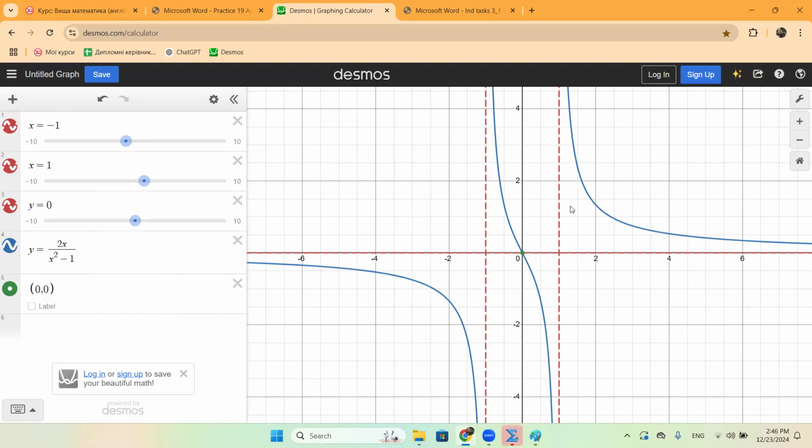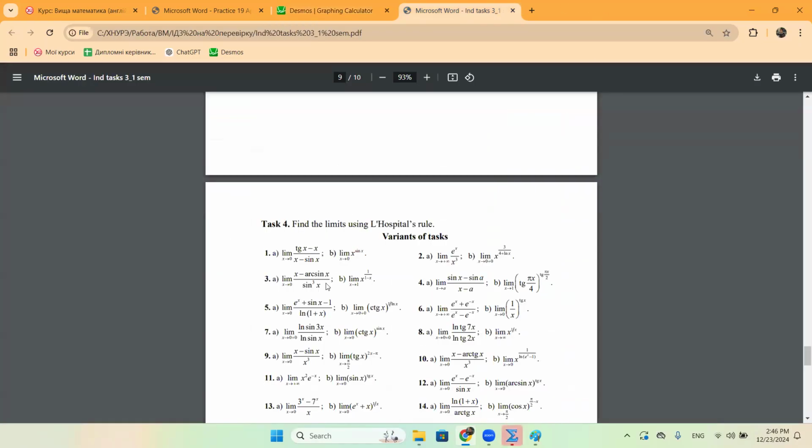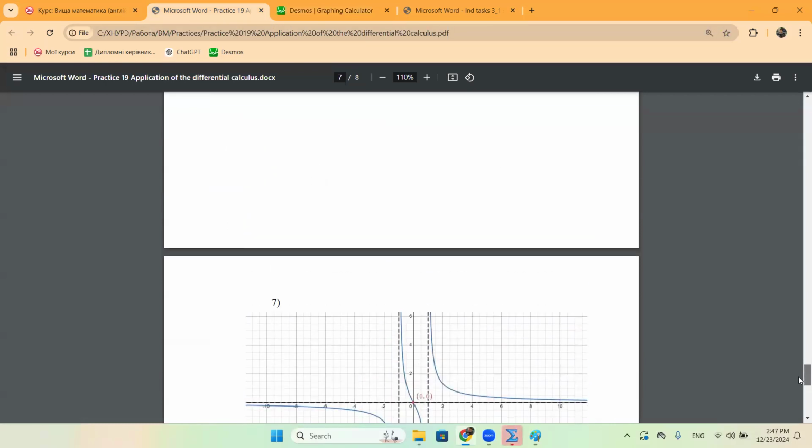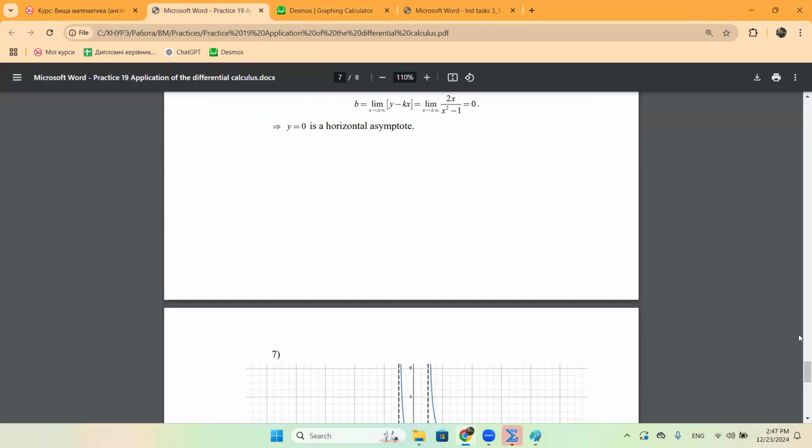Can you publish the file of this practical lesson? Publish the video, or you mean the window? Yes, correct, this file. Okay, you have this file on DL, but I will also correct some mistakes when I have time, and I will publish.